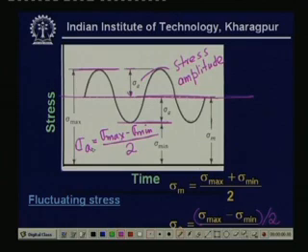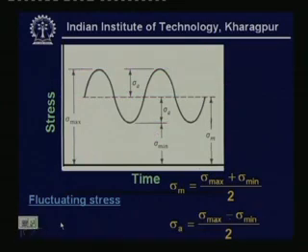So, the fluctuating stress component will be represented as stress amplitude and the average stress component will be represented as mean stress, noted as sigma m, and the stress amplitude as sigma a. This is a situation which is commonly known as a fluctuating stress condition.